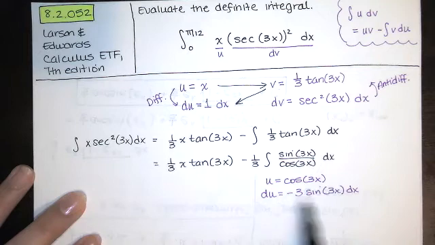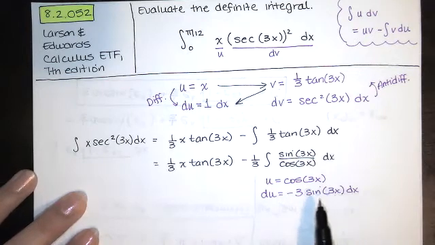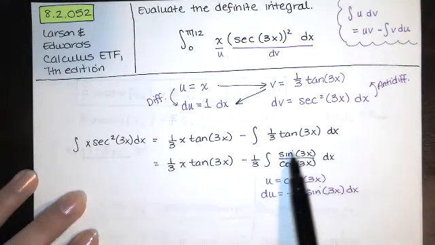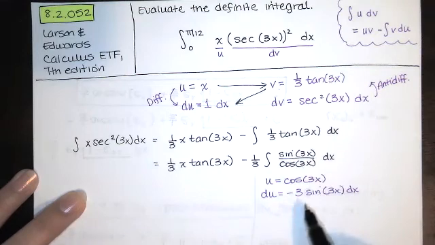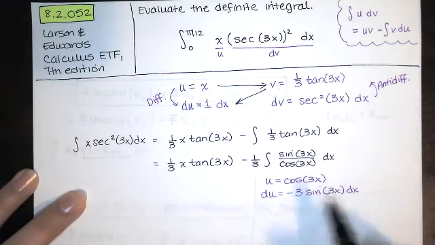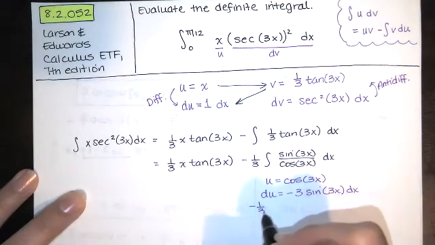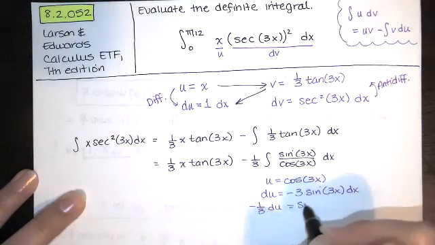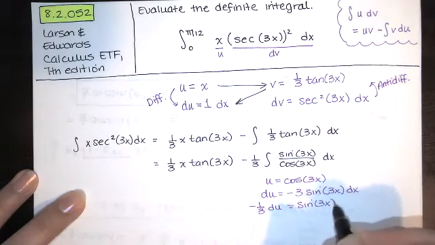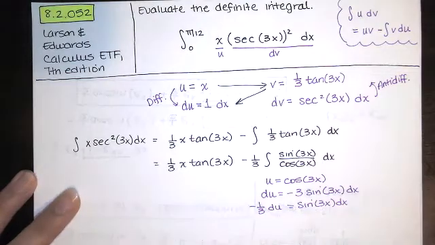It turns out in this case that that's going to work for our u substitution. So du, excuse me, is negative 3 sine of 3x dx, and I've got a sine of 3x dx right there. So to get sine of 3x dx by itself, I'll divide by 3 or multiply by 1/3, same thing. So our integral becomes this.